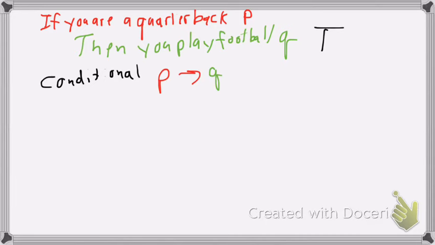So now we're going to talk about what is called the converse. Now the converse happens when you switch Q and P. So instead of saying if P then Q, we're going to switch these two. So it's going to look like this. It's going to be if Q, then P. And that, again, is called the converse.